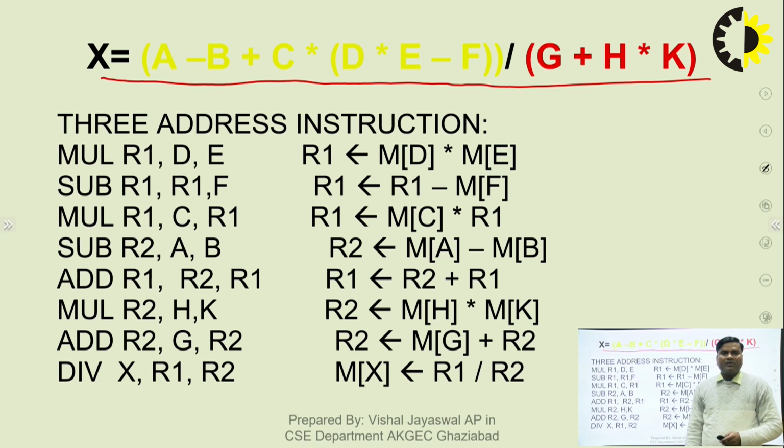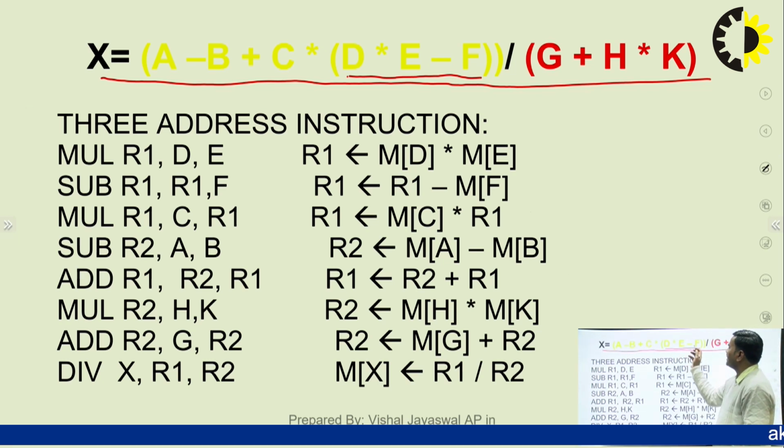With the help of the BODMAS rule, we are going to solve this question. If we apply the BODMAS rule, first we solve this bracket part, that is D into E minus F.